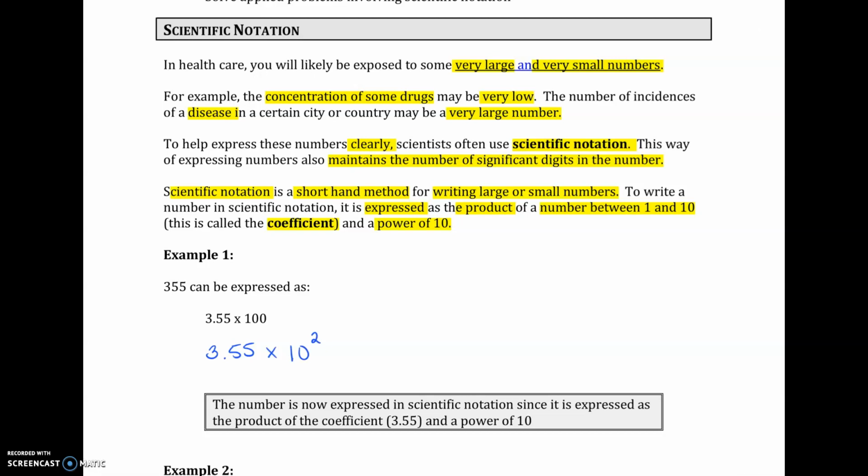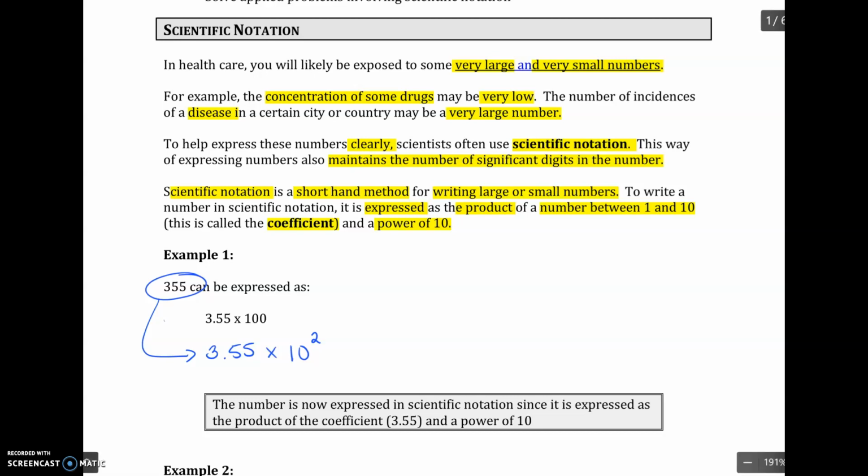So now this number, 355, has been turned into scientific notation. It's not a terribly large number, but you'll see why as we go through really large numbers where it comes in more handy to express it in scientific notation.